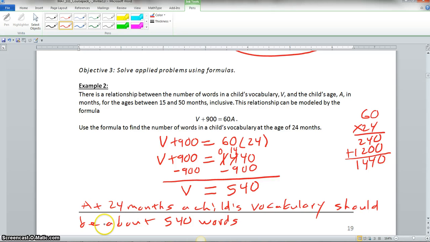And as a matter of fact, let's take the word about out. It would be 540 words, because this is an exact answer.